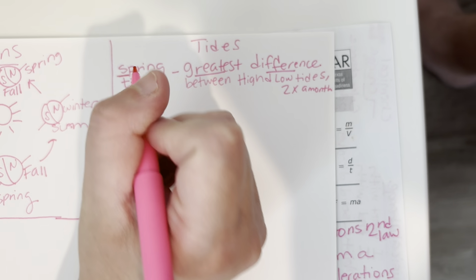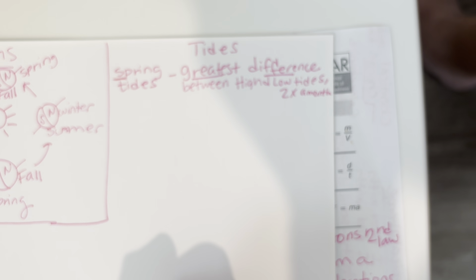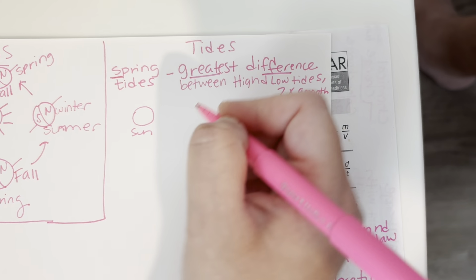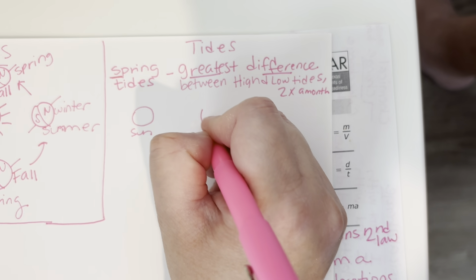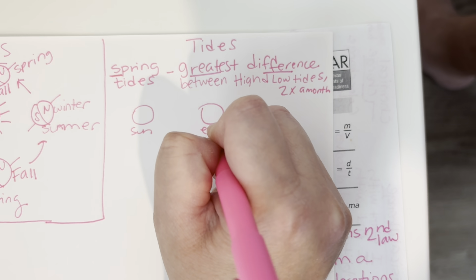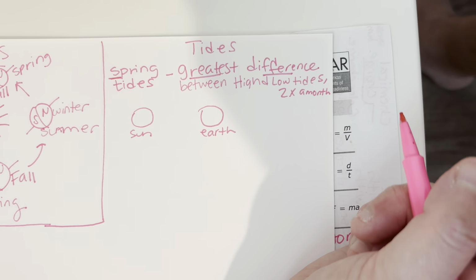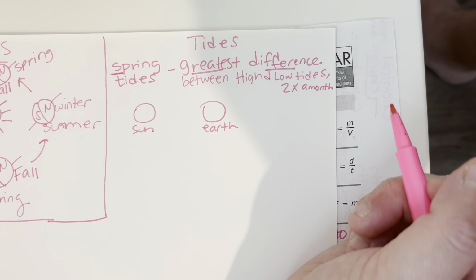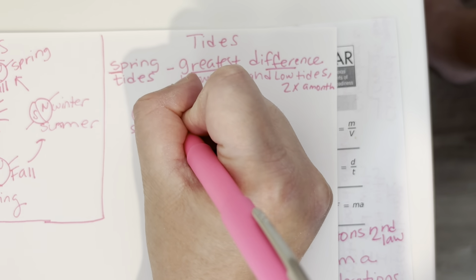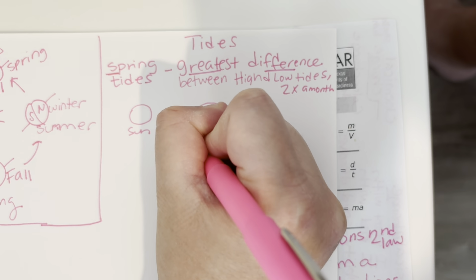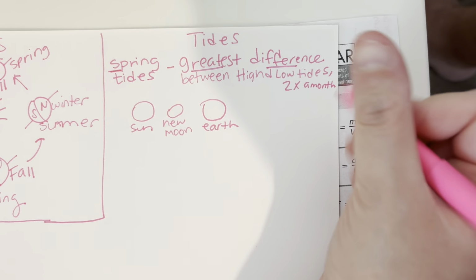it starts with S, right? Because you have your sun. This is your sun. I'm going to draw my earth here. This is my earth, which should be a little smaller than that, but sorry. And then you have your moon. And your moon can be either a new moon. A new moon is when the moon is between the sun and the earth.